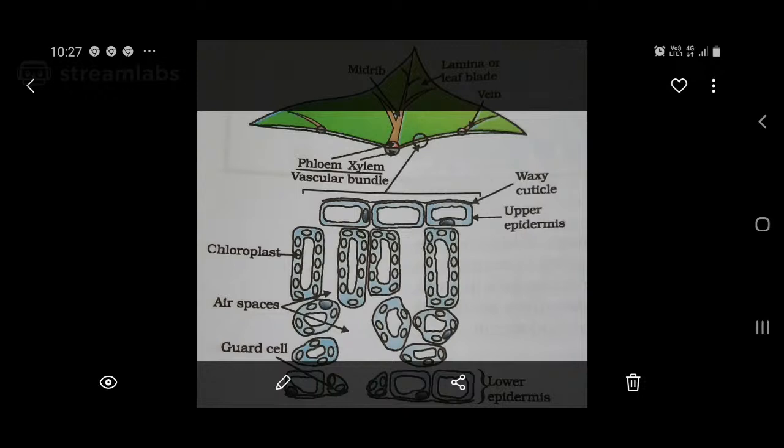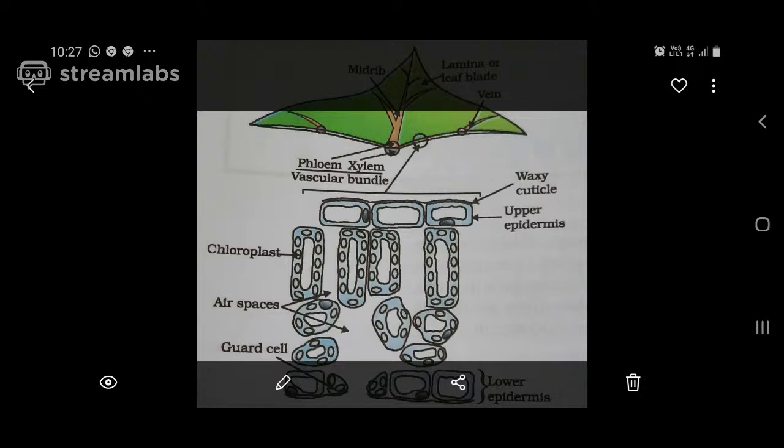Along with that, you find xylem and phloem also. Xylem absorbs the water and supplies it to the parenchyma cells. Stomata absorb carbon dioxide and supply it here.